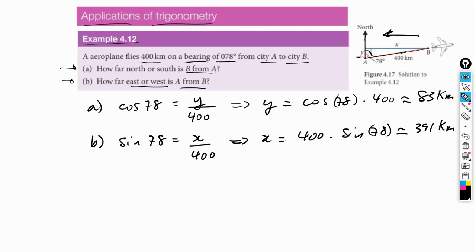So for the complete answer, we would say that city B is 83 kilometers north from A, right? And for the next one, we would say A is 391 kilometers west from B.